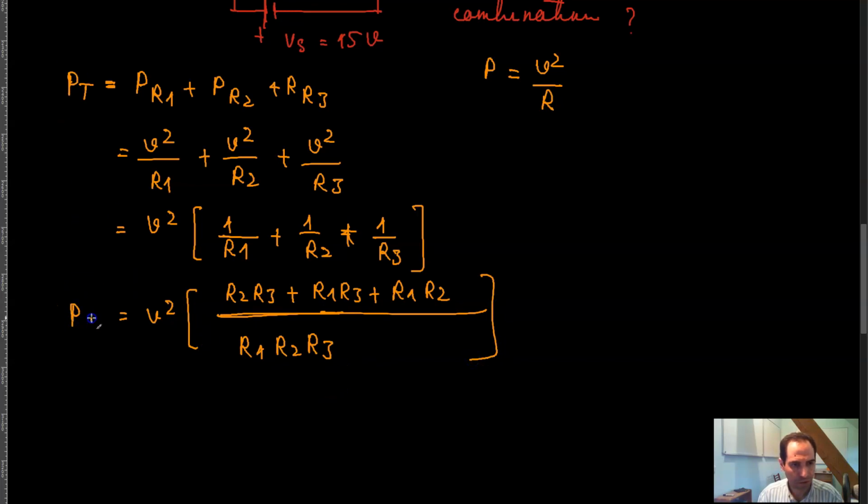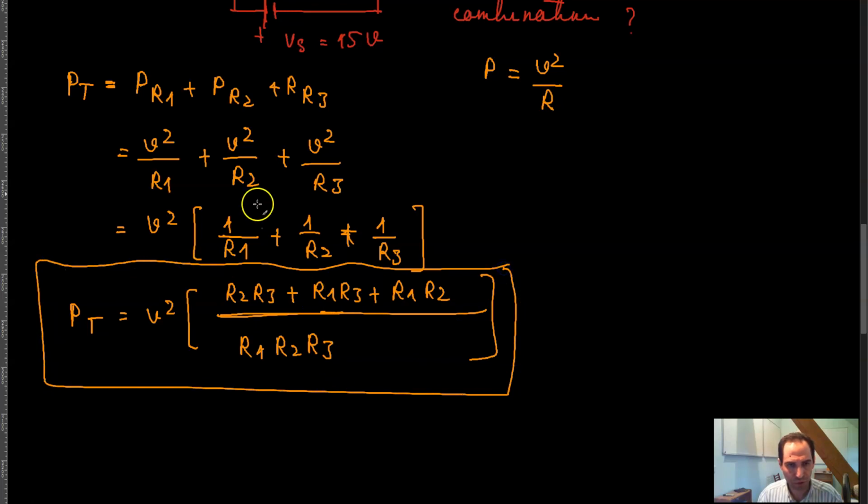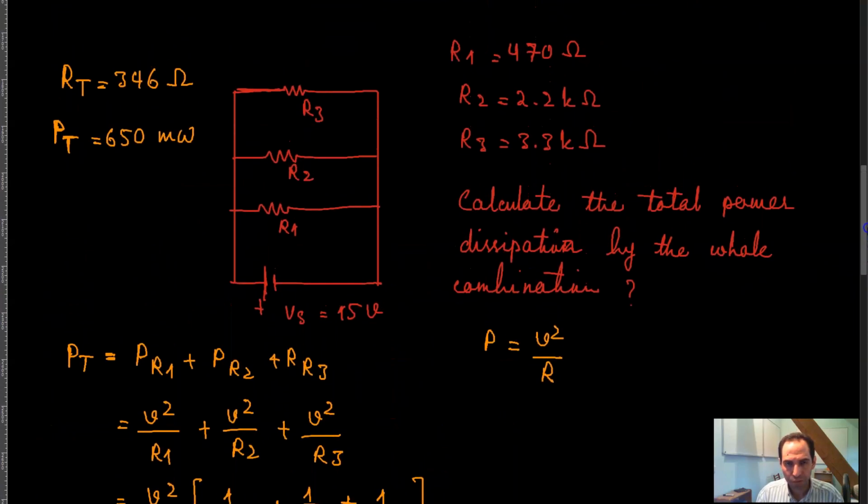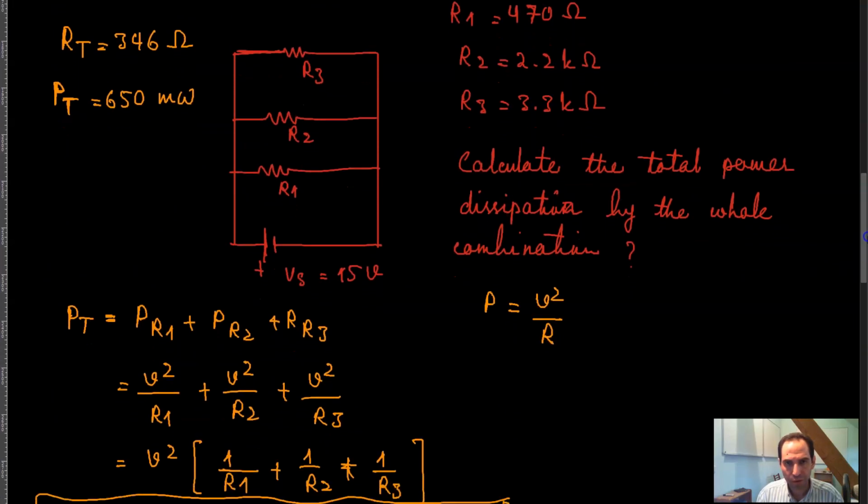So then P of T in this circuit, you would have this formula to use in order to calculate it, meaning that, basically R1, R2, R3.